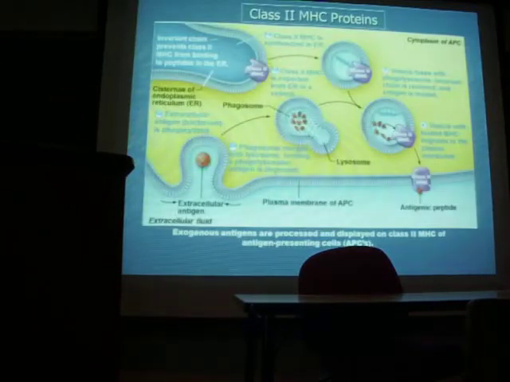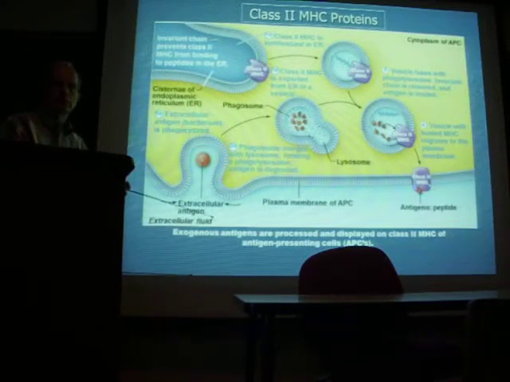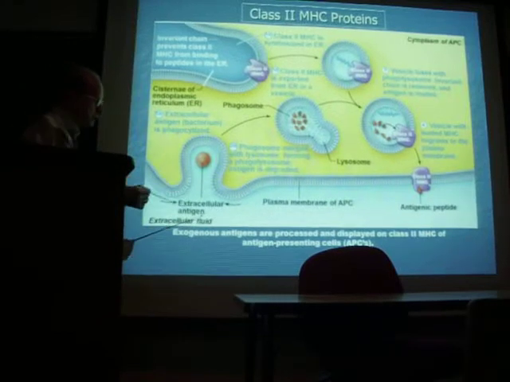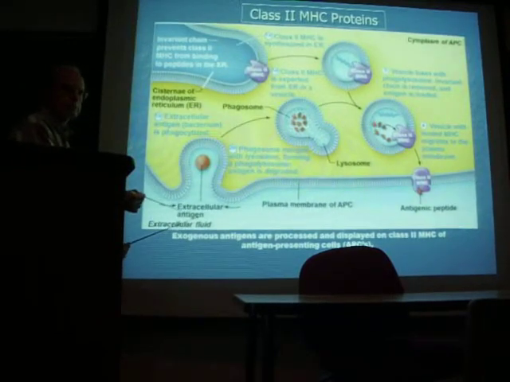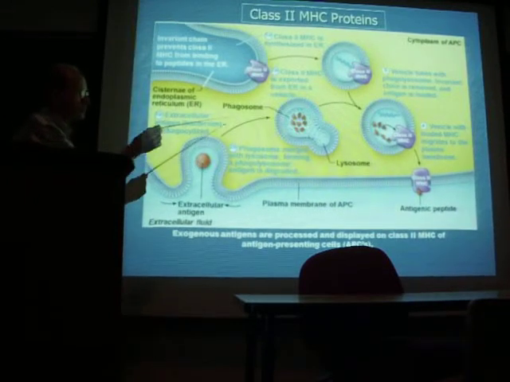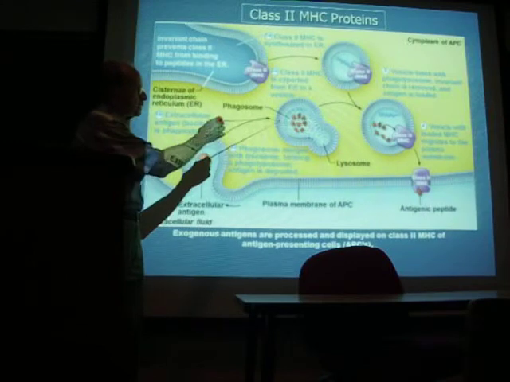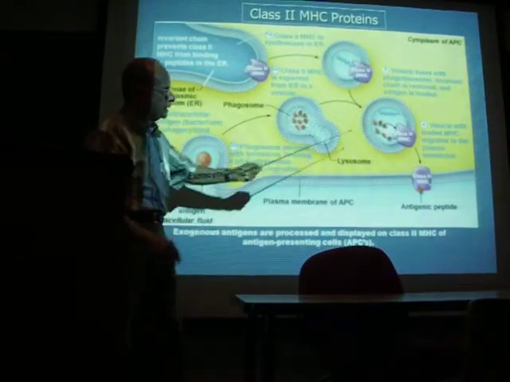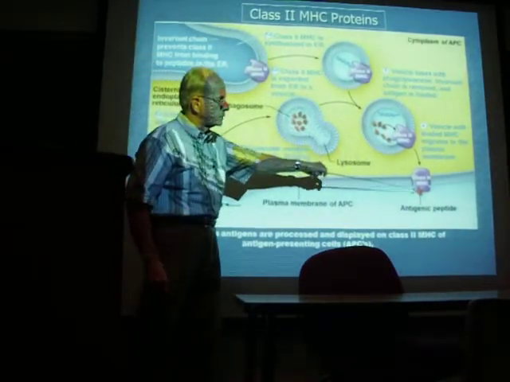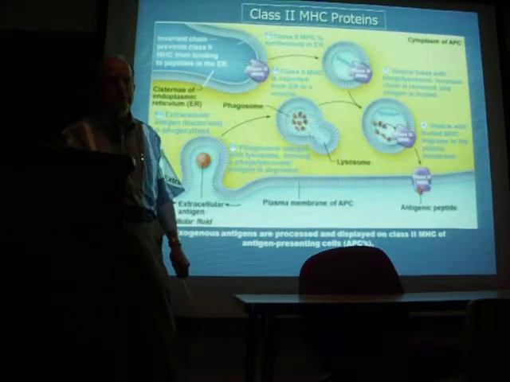The other class of MHC proteins is a specialized type of cell moving in extracellular fluid that picks up foreign antigen, brings it into its cytoplasm, similar to class 1, breaks it down, and presents an antigenic fragment on the surface of its own cell membrane.